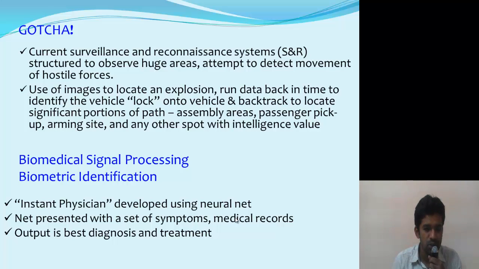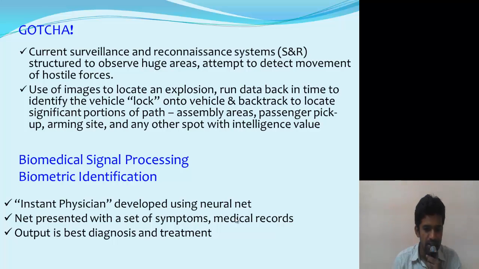Current surveillance and reconnaissance systems structured to observe huge areas attempt to detect movement of hostile forces. Use of images to locate an explosion, run data back in time to identify the vehicle, lock onto the vehicle, and backtrack to locate significant portions of path, assembly areas, passenger pickups, arming sites, and any other spot with surveillance intelligence value.